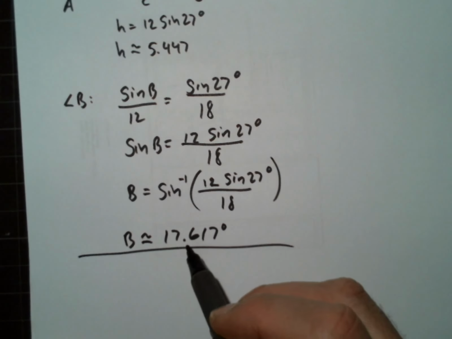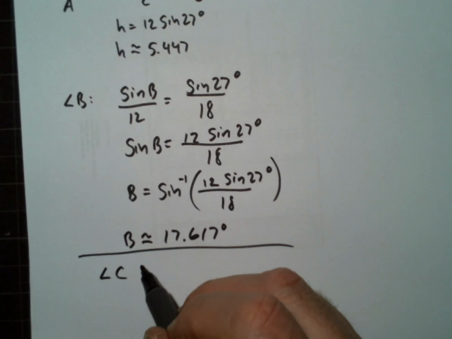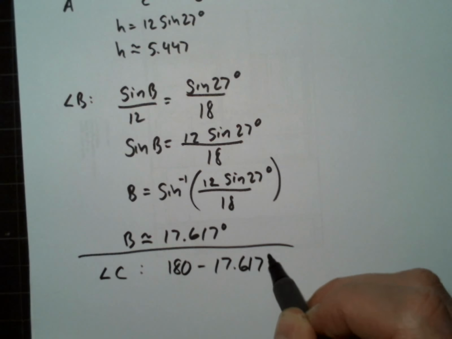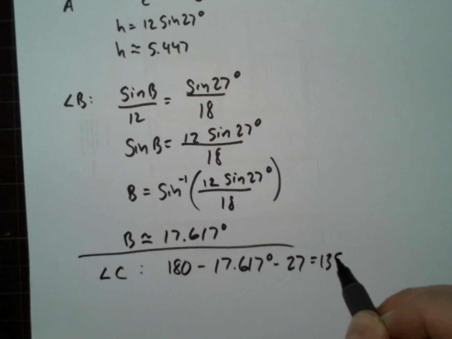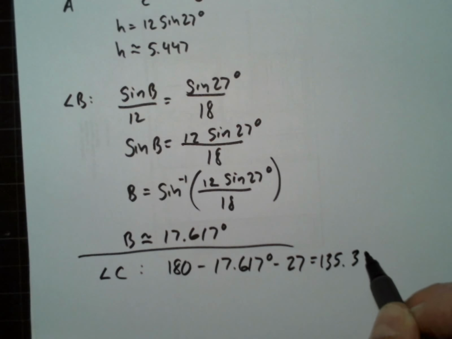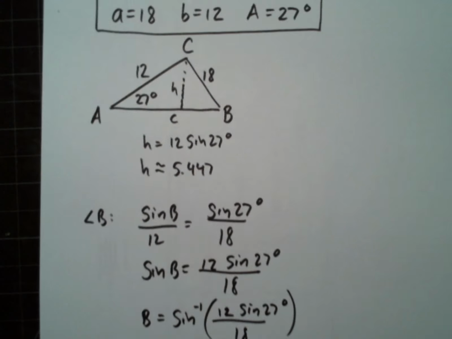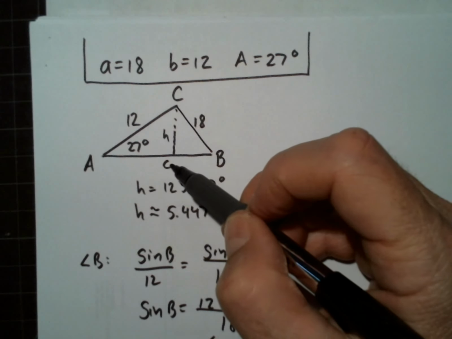Once you know two angles, you can find the third angle. Angle C is going to be 180 minus the other two angles. We get angle C, and since we know angle C and angle B, let's find side c.